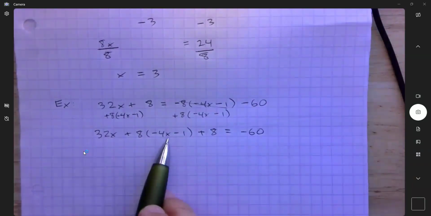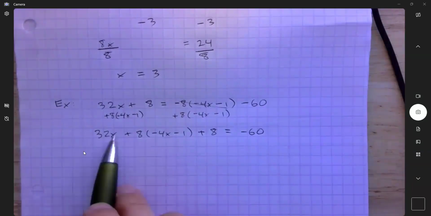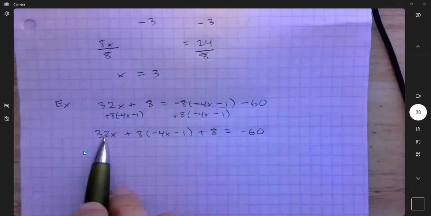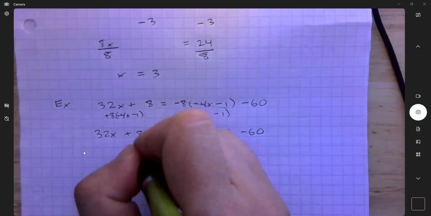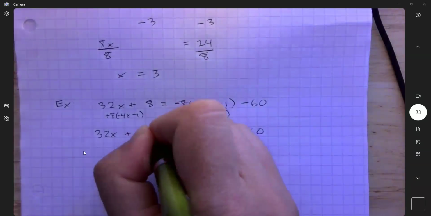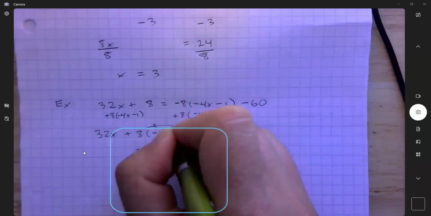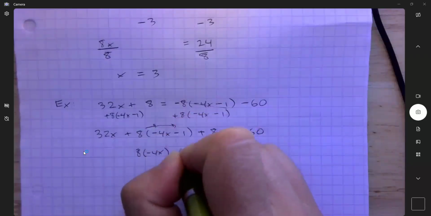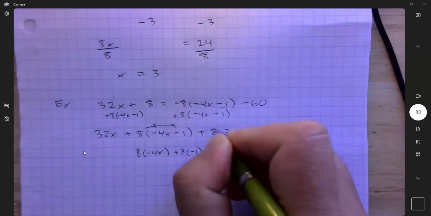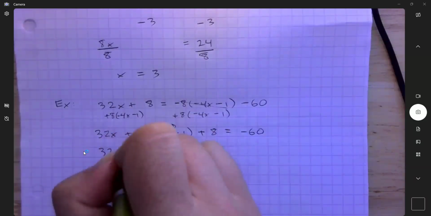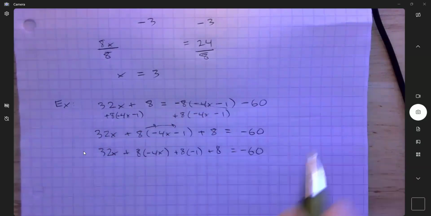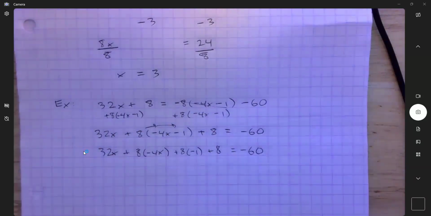So I have all the x's on this side, but I need to collect them all. And right now I can't collect them because they're split apart. So I need to multiply out the 8 times the negative 4x and the 8 times the negative 1. Still have that 8, still have this 32x, and I have that negative 60 on the other side.